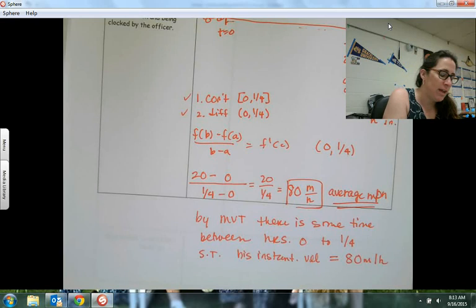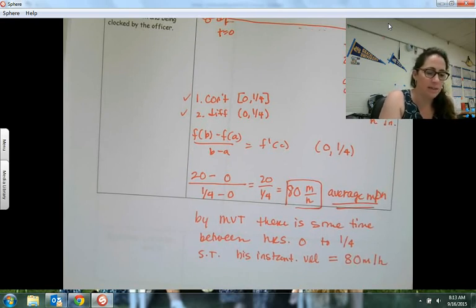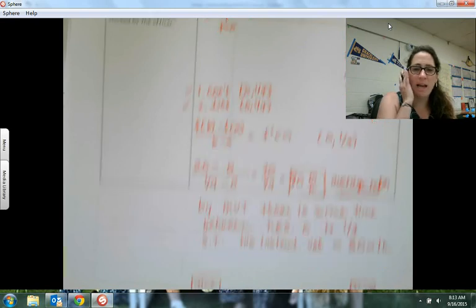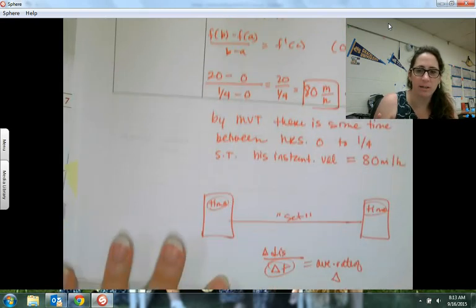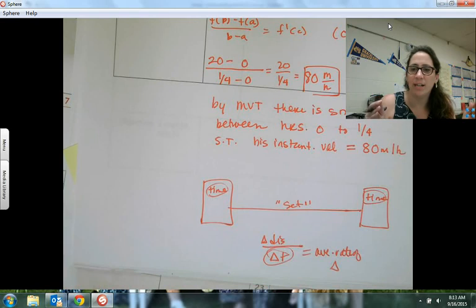So if you have the change in the time, and this distance that's set, you can see your average rate of change. If that average rate of change exceeds the speed limit, you've sped at some point, you get a ticket.